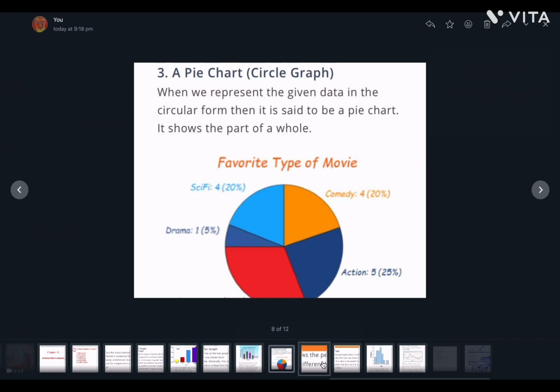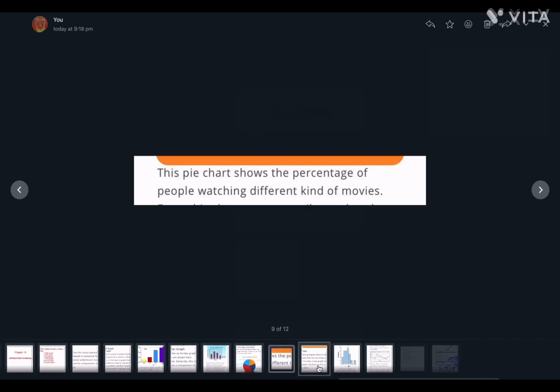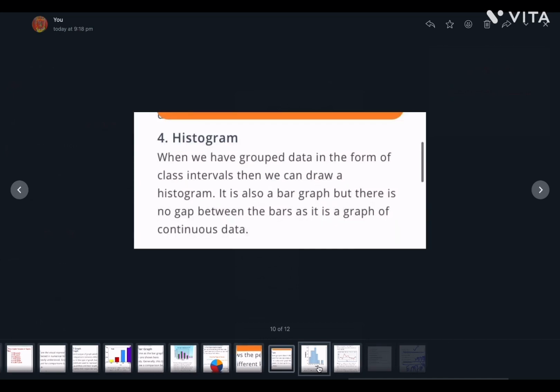Fine students, so this pie chart shows the percentage of people watching different kinds of movies. Right, so next students I'll be explaining histogram.